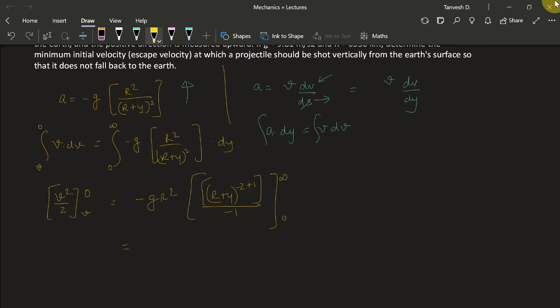So what we have here is minus v square by 2 is equal to, this will get cancelled, g r square 1 upon r plus y, 0 to infinity.